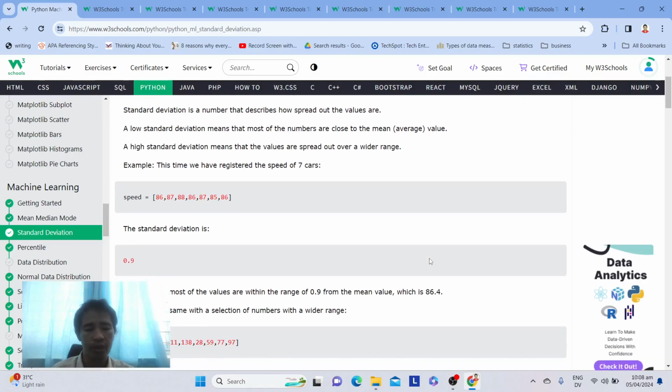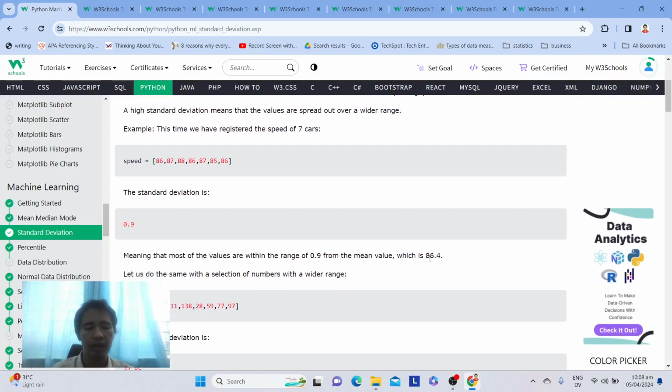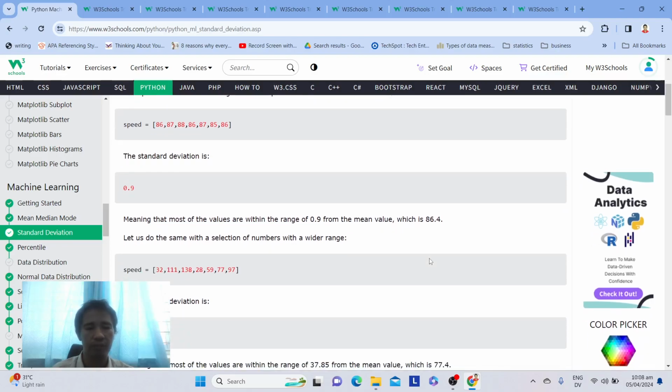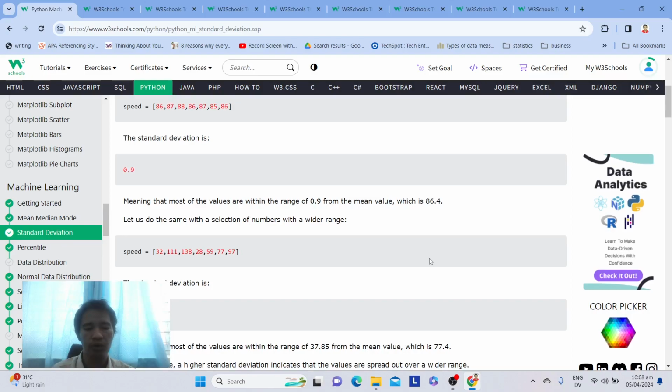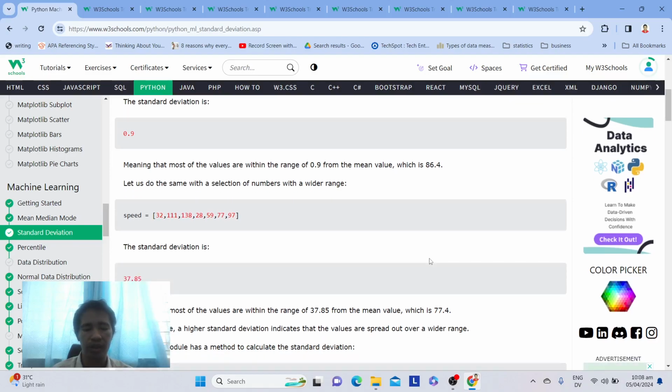which is 86.4. Let us do the same with a selection of numbers with a wider range: speeds 32, 111, 138, 58, 59, 77, and 97. The standard deviation is 37.85, meaning that most of the values are within 37.85 of the mean, which is 77.4. As you can see, a higher standard deviation indicates the values are spread out over a wider range.